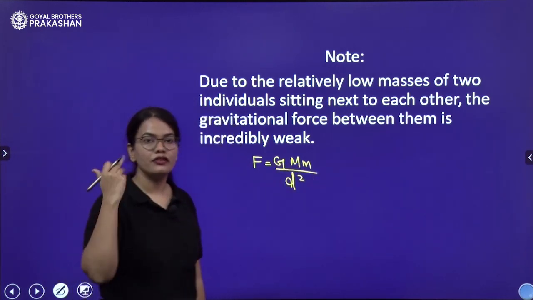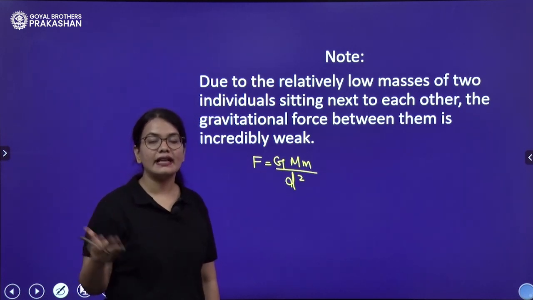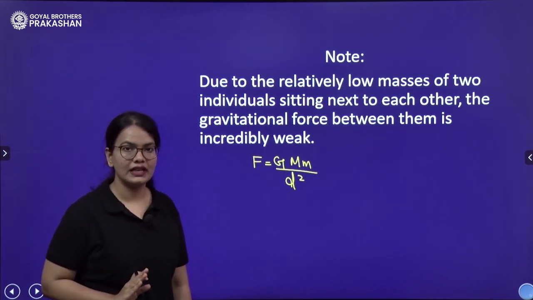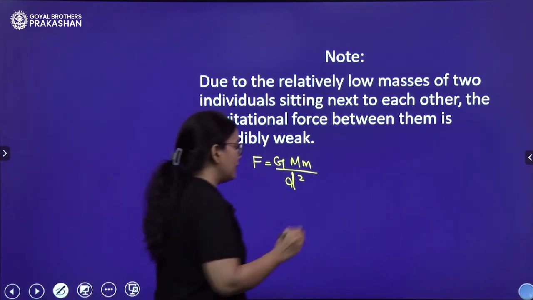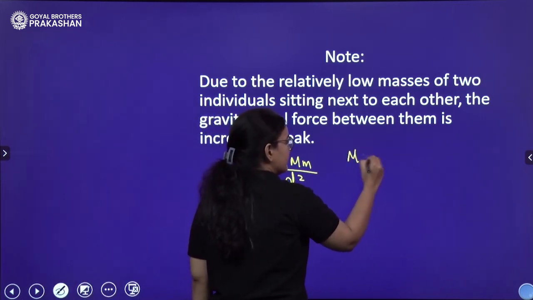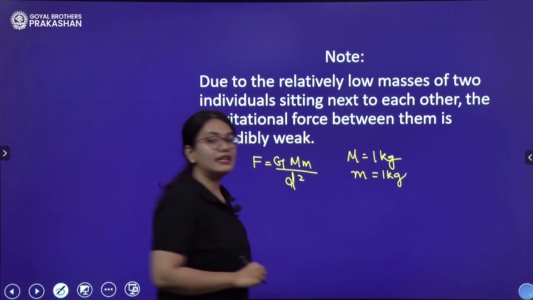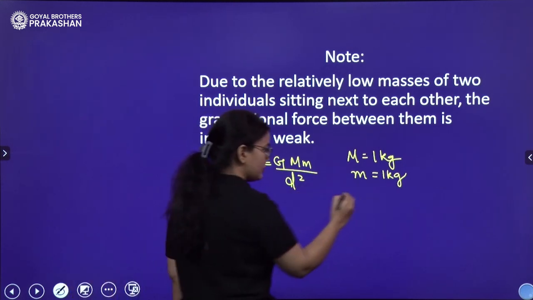Let's say the mass of your bed is 1 kg and the mass of your table is also 1 kg. For simplification of the calculation, let us assume this. So, m is 1 kg, small m is 1 kg. Let the distance between the two be 1 meter only.